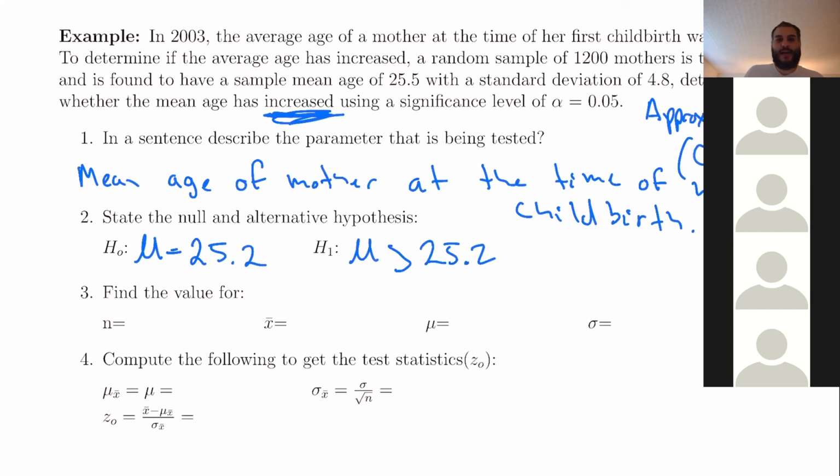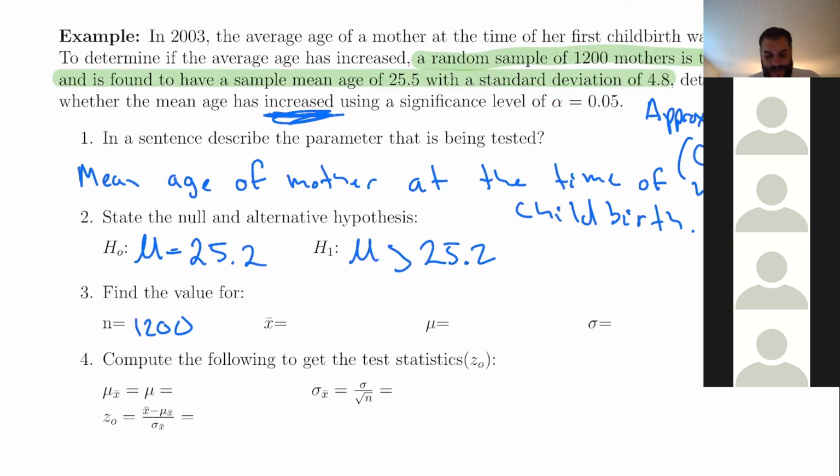All right, so let's look at the N. N in this case is 1,200. From that 1,200, they were able to find the sample mean, because you see how all of this is in the same sentence. Since all of that is in the same sentence, you know the 25.5 and the 4.8 both come from that sample.